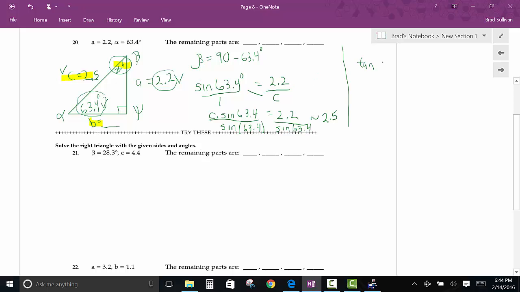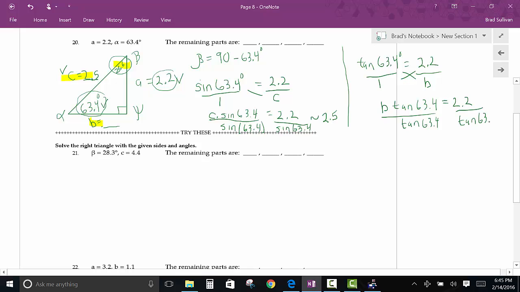The tangent of 63.4 degrees equals the side opposite, 2.2, over the side adjacent B. Then we cross multiply, so B times the tangent of 63.4 equals 2.2. I can divide both sides by the tangent of 63.4, and then get my calculator out for the final value.